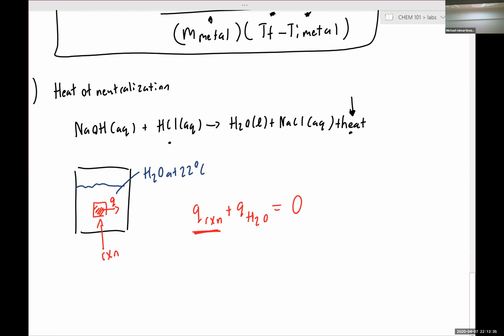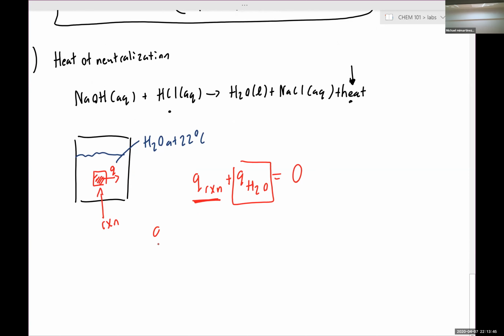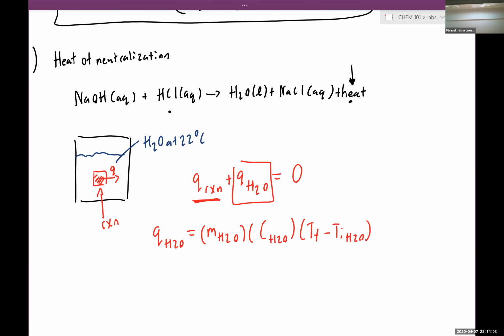Now, we can quantify the heat absorbed or released by our water by expanding out this equation by noting that Q water is equal to the mass of water times the specific heat of water times the T final minus T initial of our water. The same equation that we've used previously.